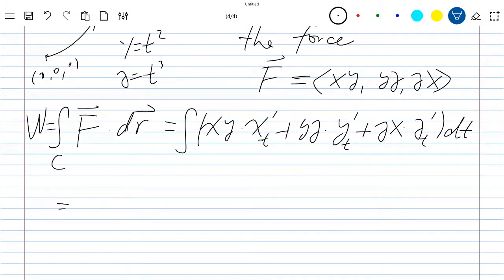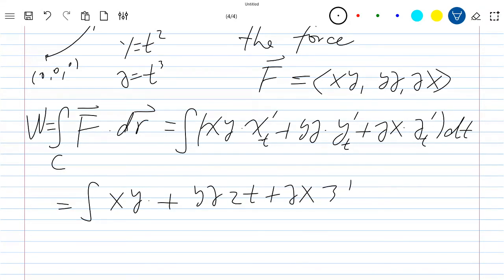Alright, so what is xy times x prime? t is just 1, and yz times y prime is 2t, and zx times 3t squared, integrate from 0 to 1.